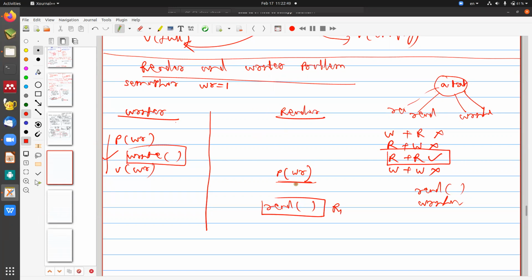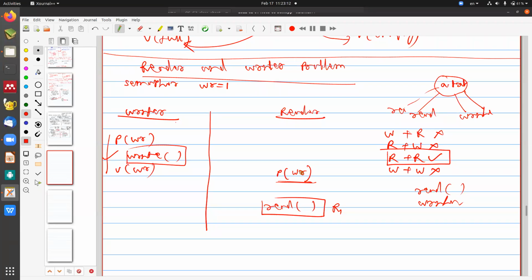So WR becomes 0. Then one reader R1 is present and R2 cannot enter while going to this. PWR is necessary to ensure the writer does not enter while the reader is present. But this PWR is not required when the second reader is coming. So this PWR is required for some readers and not required for other readers.